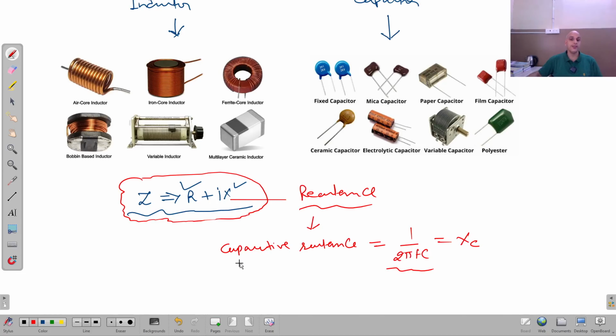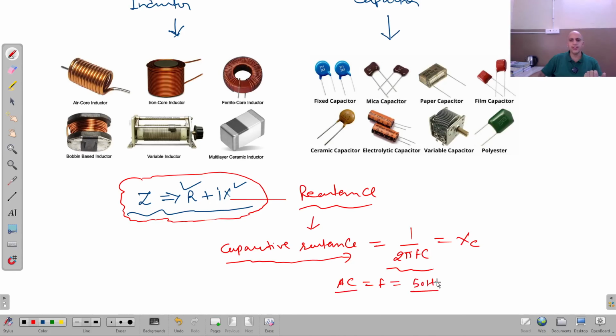Now this is the capacitive reactance. Capacitive reactance means the opposition offered by the capacitor to the flow of electric current through it because of the charge storing capacity of this capacitor or this material, right? Now we know very well for AC, f can have any value. If I take the particular case of alternating current in India, then it is 50 hertz.